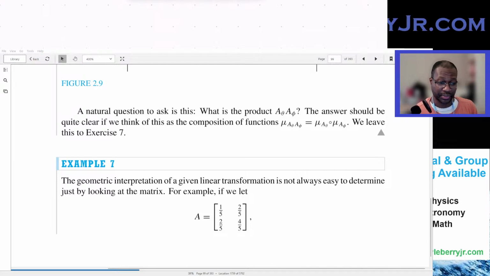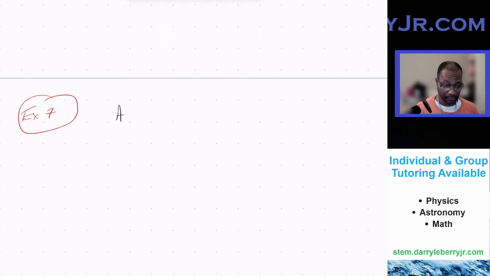The geometric interpretation of a given linear transformation is not always easy to determine just by looking at the matrix. So we have A equals 1/5, 2/5, 2/5, 4/5.